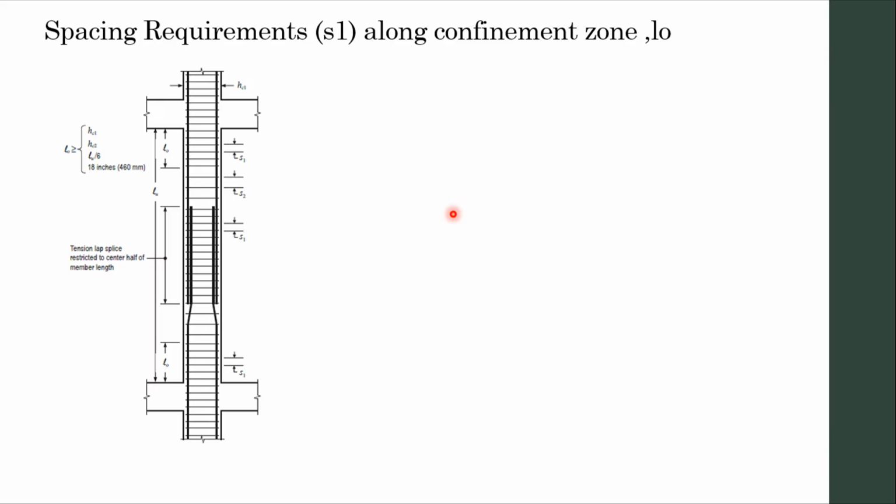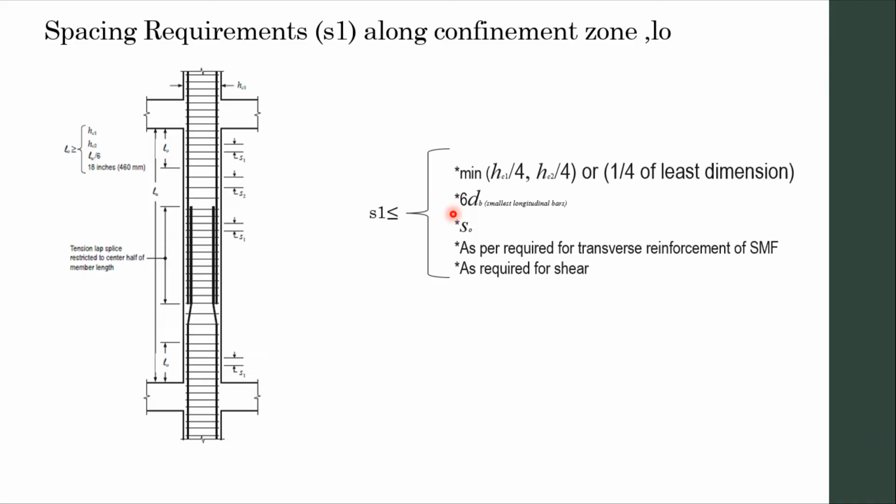So, ano ba yung spacing requirements S1 along the confinement zone? Based on NSCP section 418, S1 shall be less than or equal to the following. Minimum of HC1 over 4, yung 1/4 of the least dimension ng taas and sa baba.